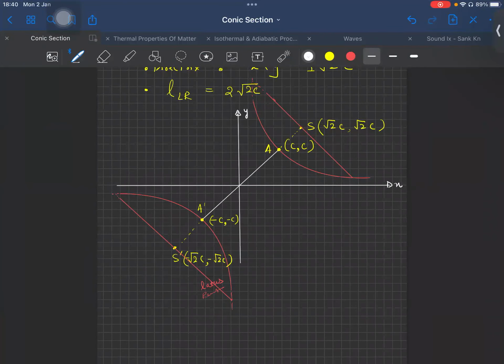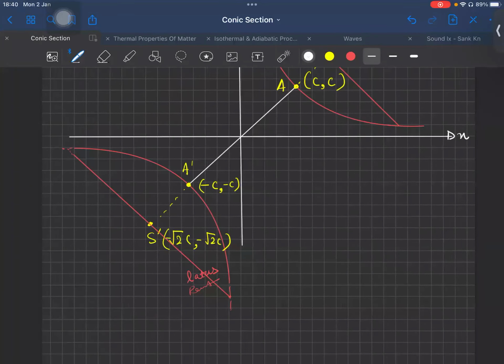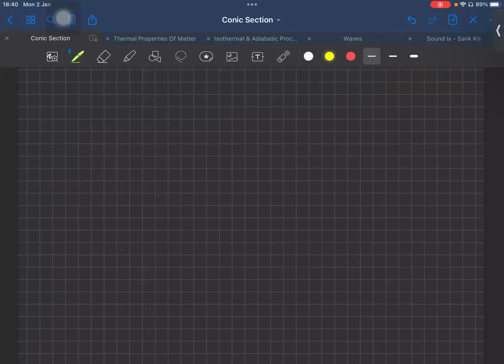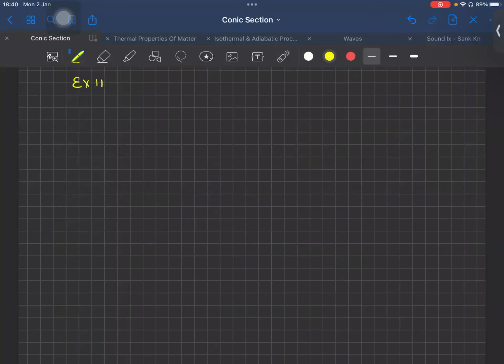Okay, so let's solve another problem from the NCERT book. These are the several types of hyperbola that you are going to study. Now solve exercise 11.4, question number 10.